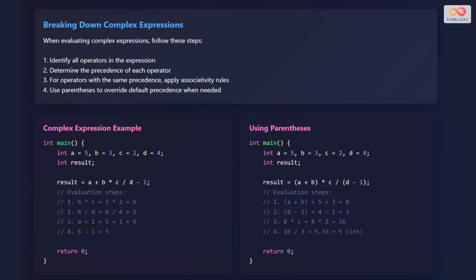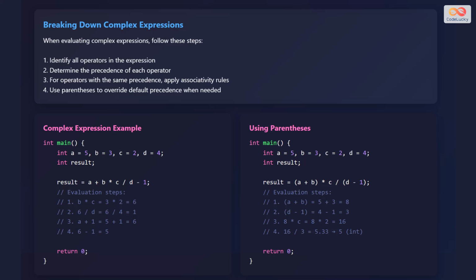Then 6 is divided by d, which is 6 divided by 4, resulting in 1 because it is integer division. Then a is added to 1, which is 5 plus 1, resulting in 6. Lastly, 6 minus 1 is evaluated, resulting in 5. So result equals 5.